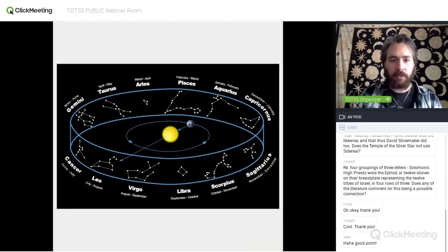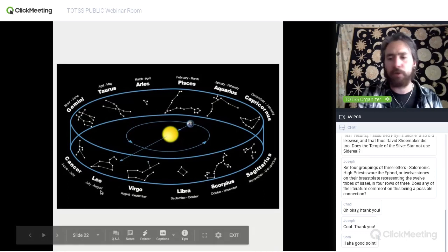Now again, this diagram is showing more of a sidereal perspective, because of the precession of the equinoxes. The actual constellations are no longer in the signs named after them in tropical astrology, but it at least shows you the basic idea. But I mostly just wanted you to see what the constellations look like.